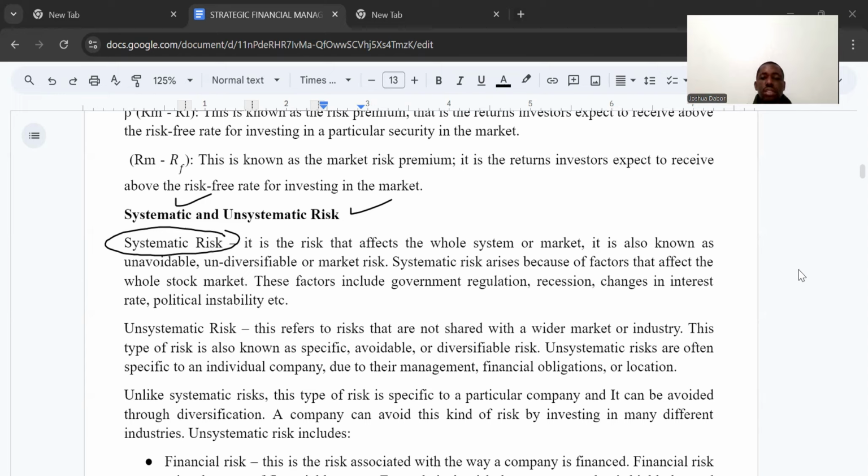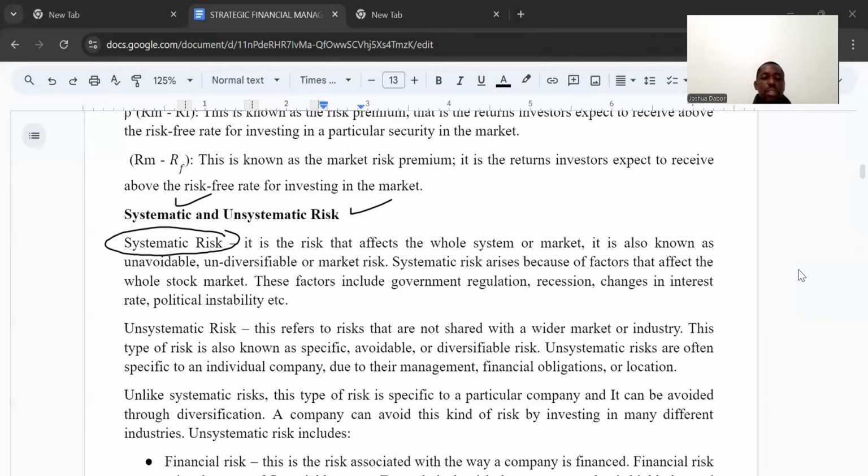So it is called what? Systematic risk. For the unsystematic risks, this refers to risks that are avoidable. They are not risks that are shared across the industry. It's a risk that the company can avoid. So they are also called specific risks, avoidable risks, or diversifiable risks.